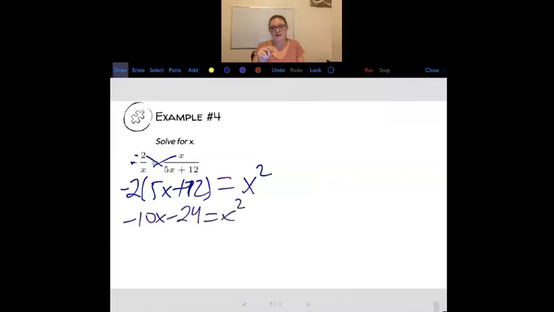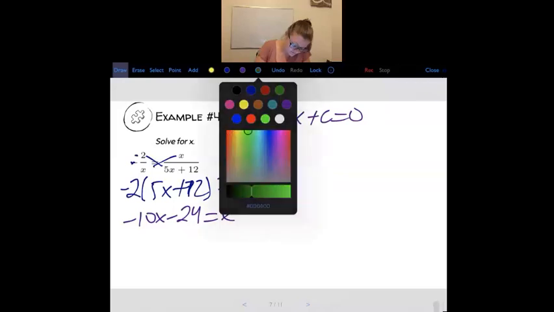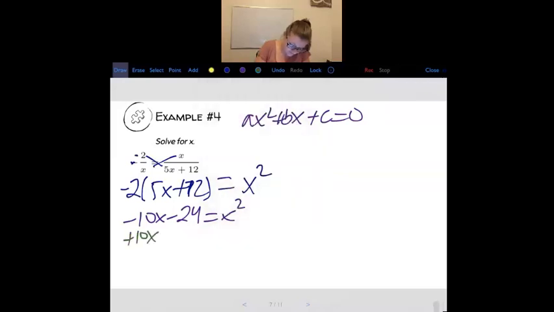Whenever you have an x squared in an equation, you want to start thinking of quadratic equations. Remember, to solve these, it needs to be in the form of ax squared plus bx plus c equals 0. You know my strategy. I keep x squared positive, so I'm going to move over the 10x and the 24. So now I have x squared plus 10x plus 24 equals 0.